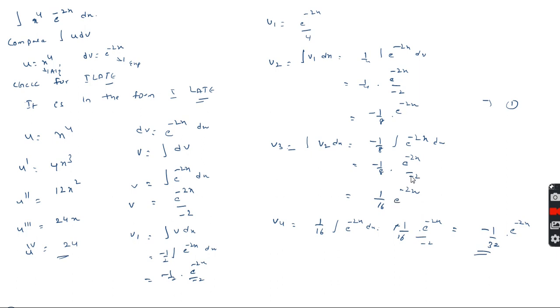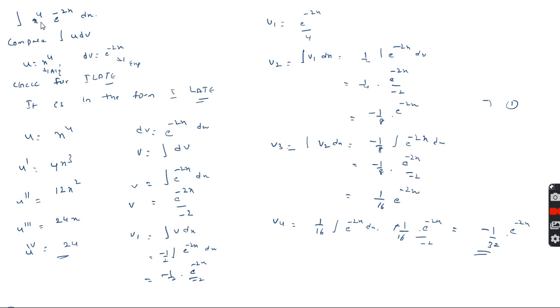Simplifying, minus into minus is plus 1 by 16 into e power minus 2x. And v4 equals 1 by 16 into the integral of e power minus 2x dx, which gives e power minus 2x by minus 2, so 16 into 2 is 32. This is a plus and this is a minus, so we get minus 1 by 32 into e power minus 2x.